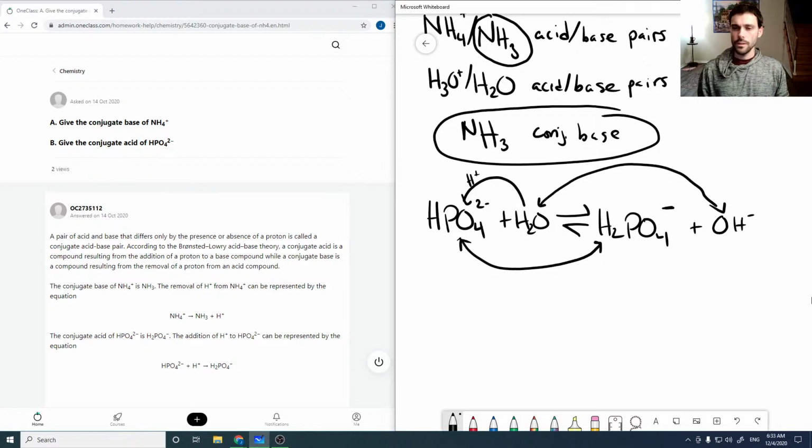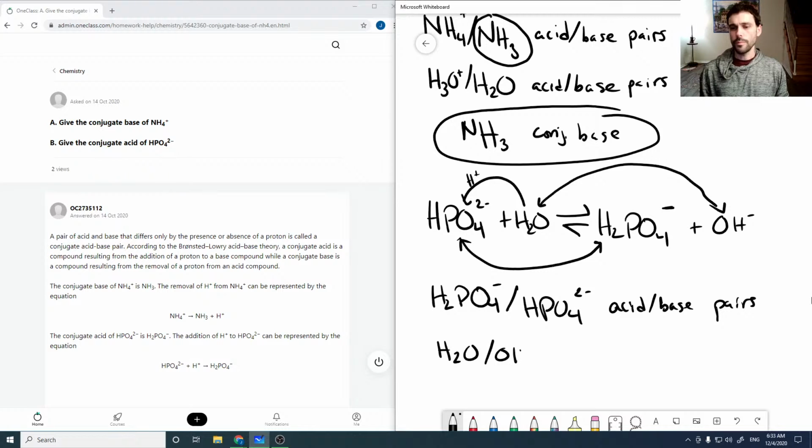Okay, so then we've got H2PO4 minus and HPO4 2 minus are acid-base pairs, and H2O and OH minus are acid-base pairs.